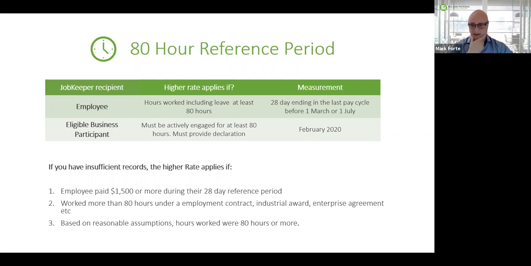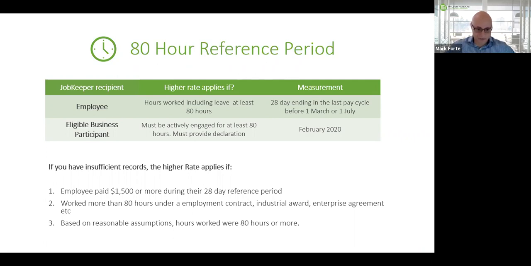But what happens if you have insufficient records? In this case, and this is on the ATO website, the higher rate will apply if an employee has been paid $1,500 or more during their 28-day reference period. That's fine, it's pretty obvious that you've worked more than your 80 hours.